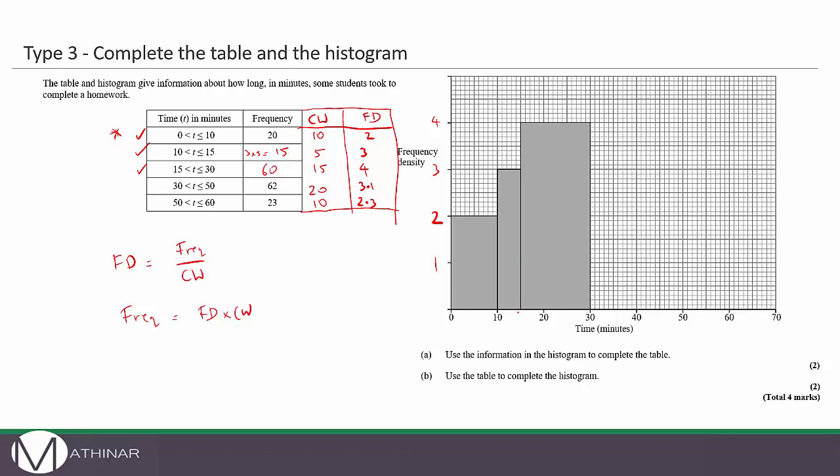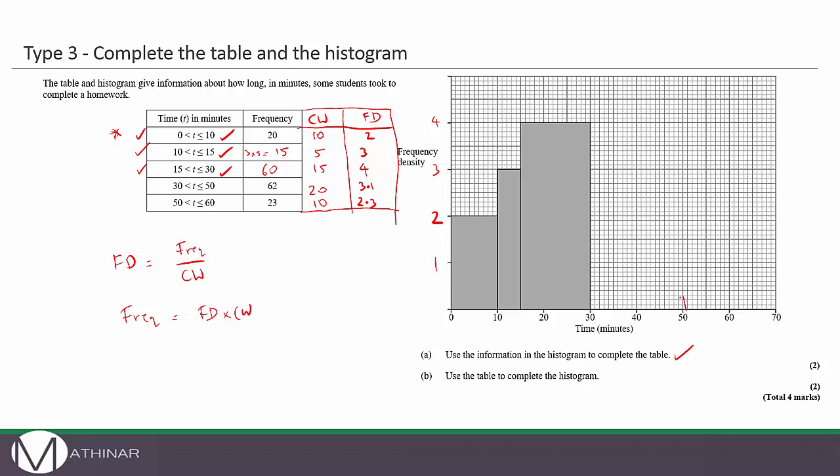Okay, and so part A, use the information in the histogram to complete the table. We have done that. Part B, use the table to complete the histograms. So this bar has already been drawn. This bar has already been drawn. This bar has already been drawn. So we need to draw the bar that goes from 30 through to 50.